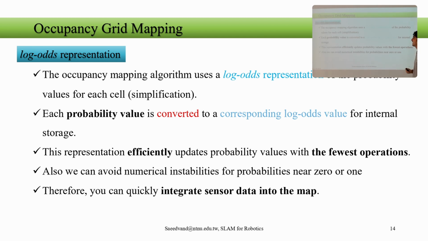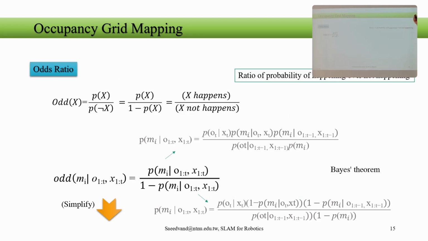Also, the point is that we sometimes have numerical instability in the probability form, so log odd can help us to avoid that, for example, in cases where the probabilities are near 0 or 1. One more point is that you can quickly integrate sensor data into the map using that form.